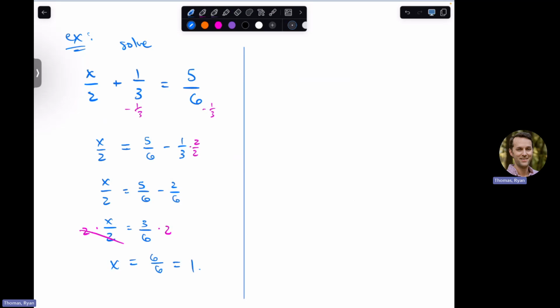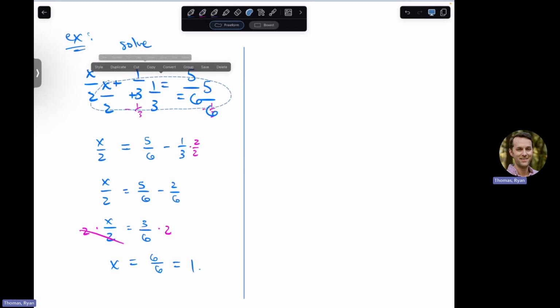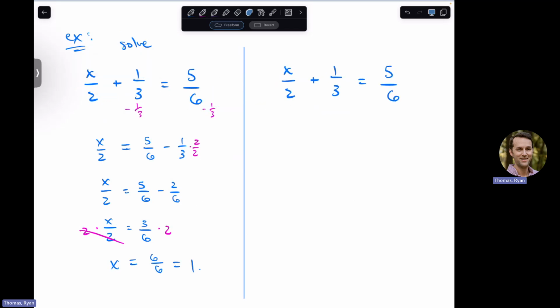Look at the fractions that we started with. What's a common denominator for those? For 2, 3, and 6. 6. 6 goes into all of them, right? Or they all go into 6. Sorry, I said that backwards. 6 is the least common denominator for 2 and 3 and 6.